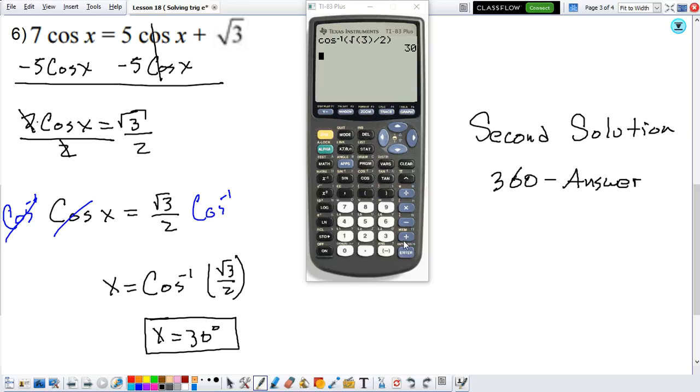So now we can start solving. So we're going to have 360 minus the first answer, which is 30. So now that gives us 360 minus 30. So that's 330 degrees. So that says that my second answer is equal to 330 degrees.